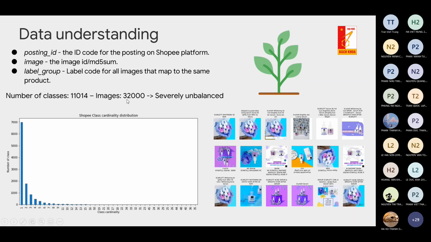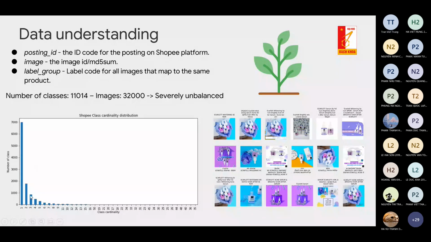And when we did some analysis on our data, we realized that the data is severely unbalanced, as we see in the figure below.